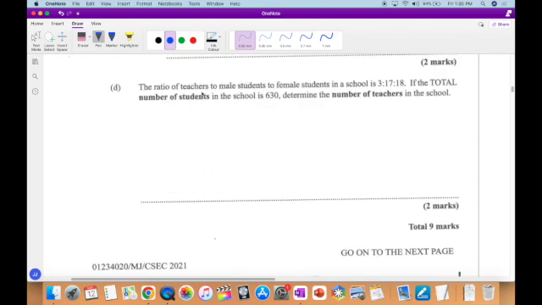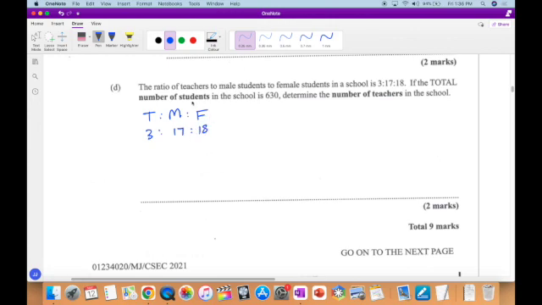Okay, so the ratio of teachers to male students to female students is 3 to 17 to 18.